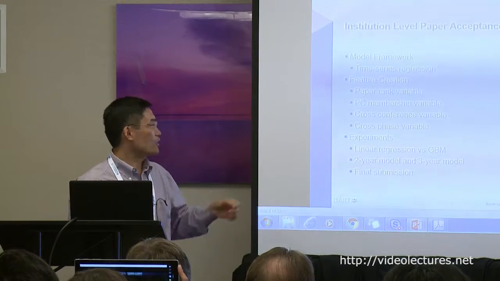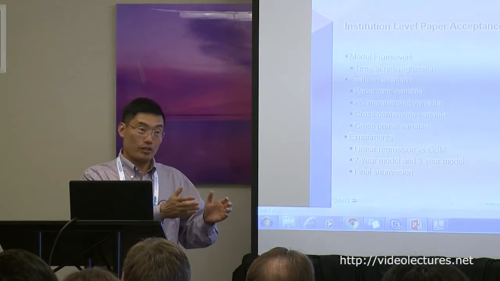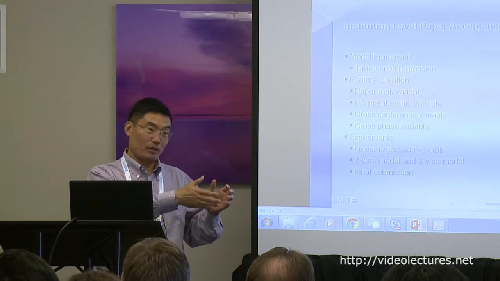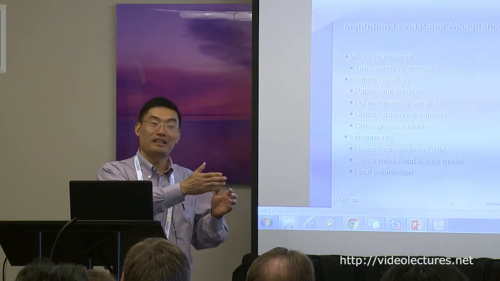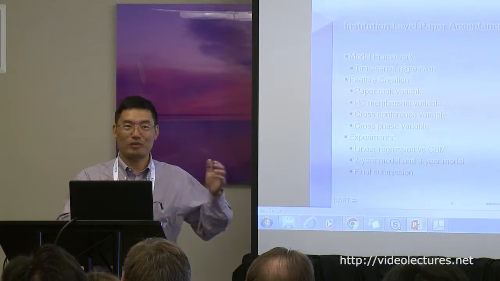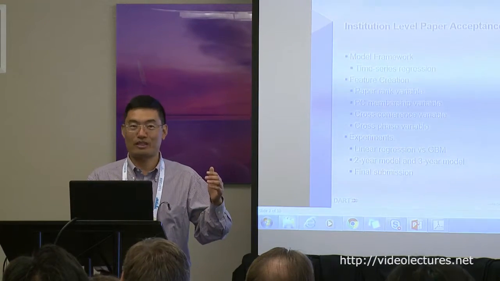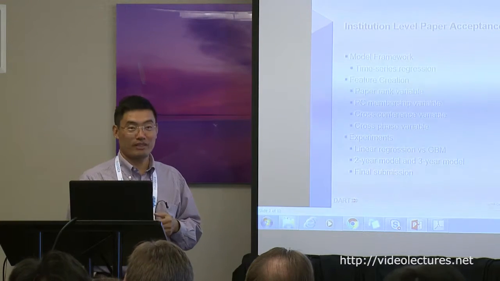And then the third group is the cross-conference variables, which is, how many papers this institution has accepted in this conference, and whether it has influence on the number of papers accepted in other conferences. This we call the cross-conference variables. The last group is the cross-phase variables.